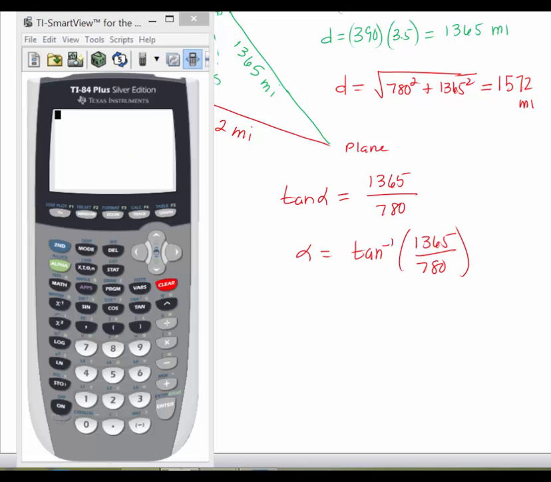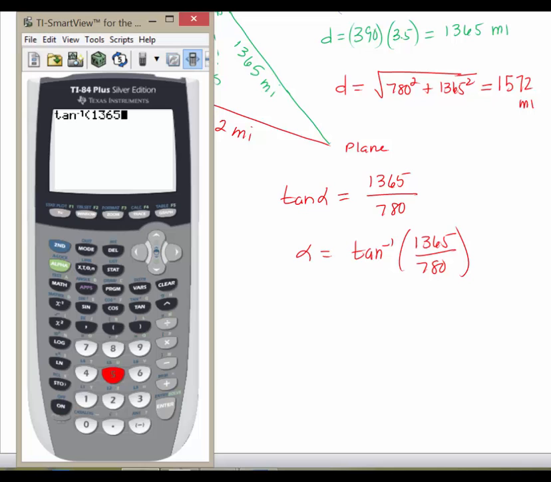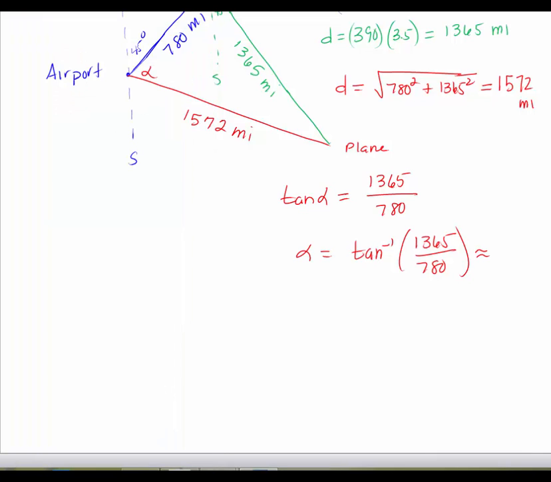We'll evaluate that on the calculator. Second, tan, 1365 divided by 780. Hit enter, and we want to round to the nearest whole degree. So we get 60 degrees. This little angle in here is 60 degrees.